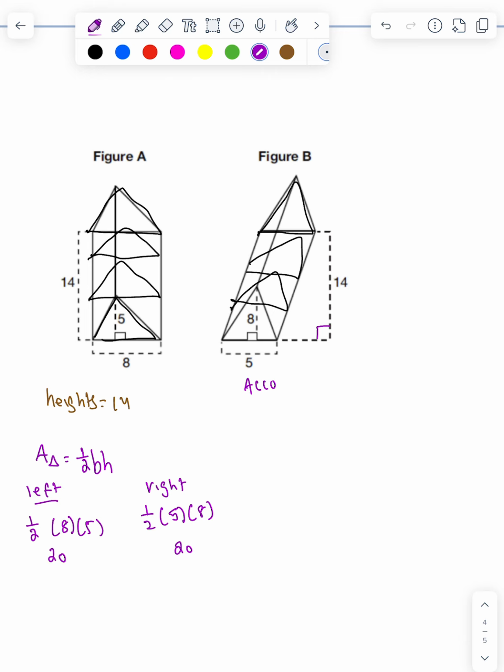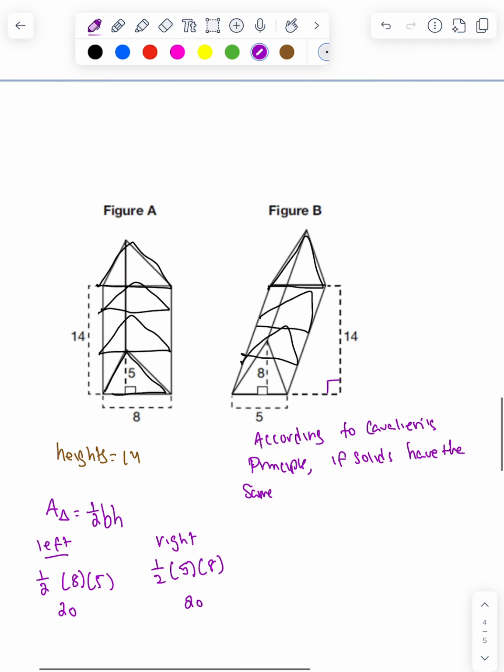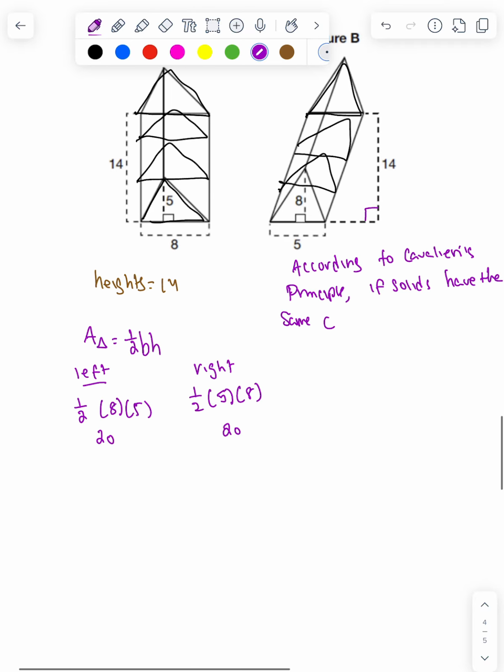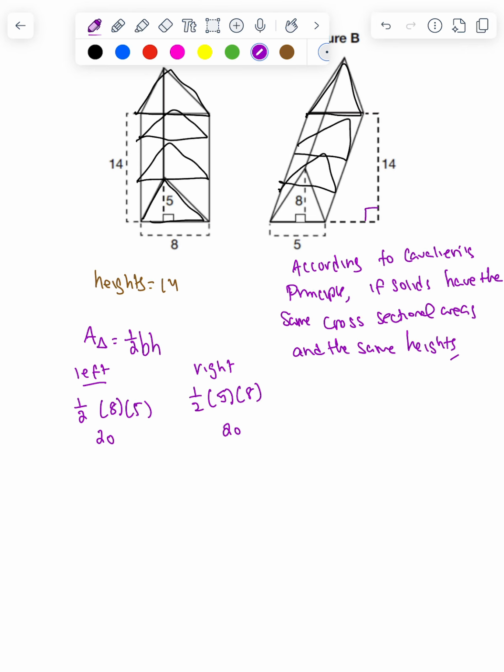I'm going to write the same thing as I did before. According to Cavalieri's principle, if solids have the same cross-sectional areas and the same heights, they have equal volumes.